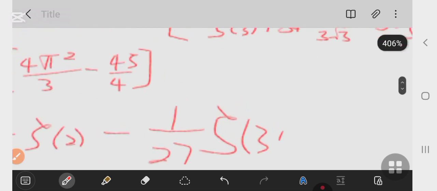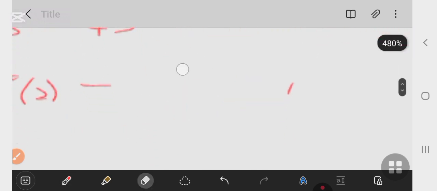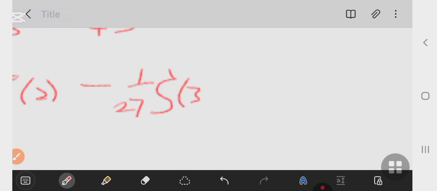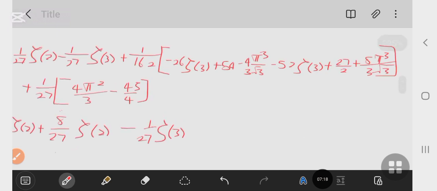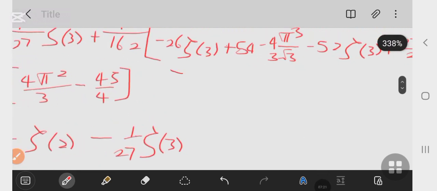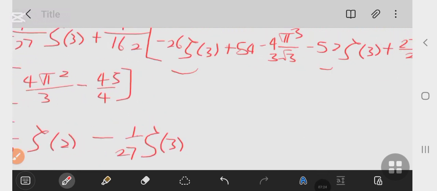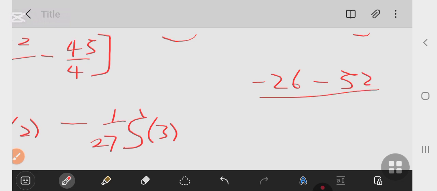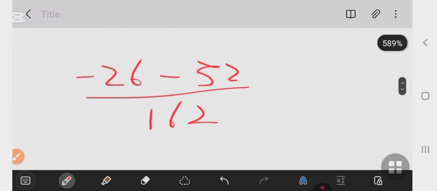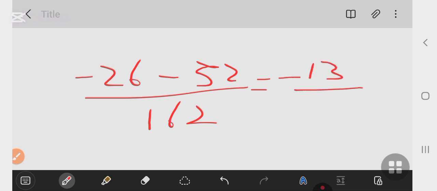So this is 1/27 zeta 3, and then if we evaluate, minus 26 minus 52 all over 162, we'll be getting minus 13 all over 27.